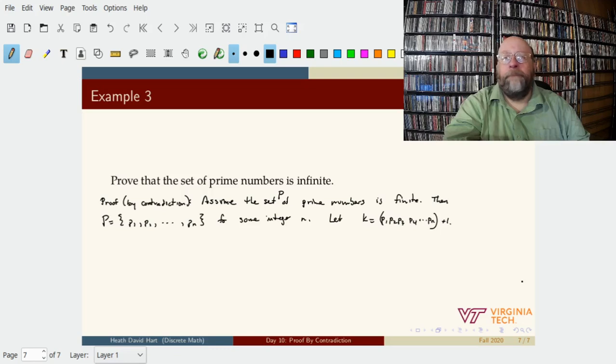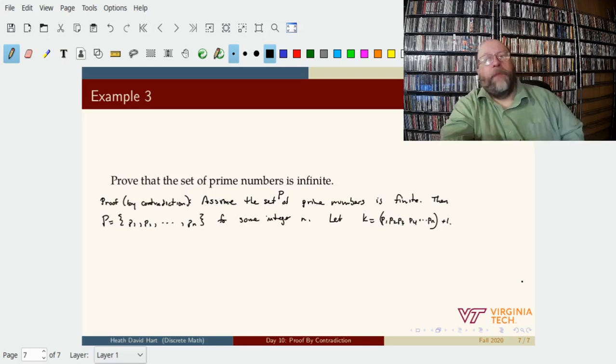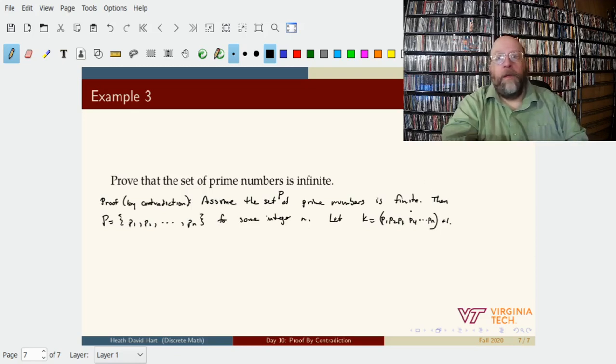Okay? So what is true about K? K is not divisible by P1 because it has 1 left over. It's a multiple of P1 plus 1 left over. K is a multiple of P2 plus 1 left over. K is a multiple of P3 plus 1 left over, and so on and so forth.